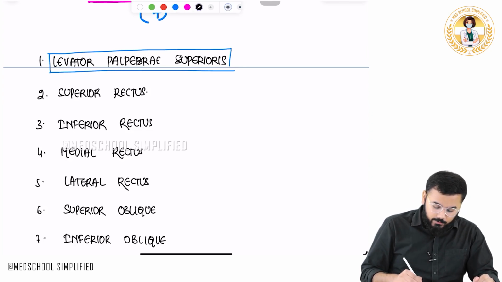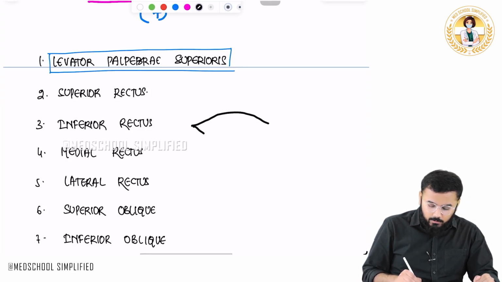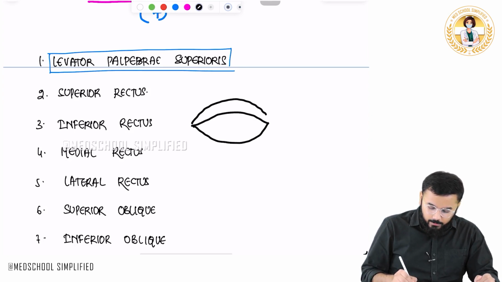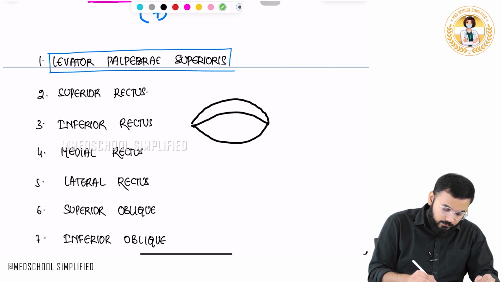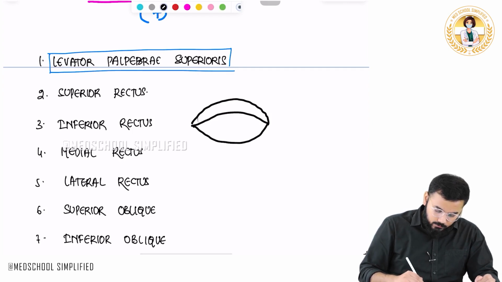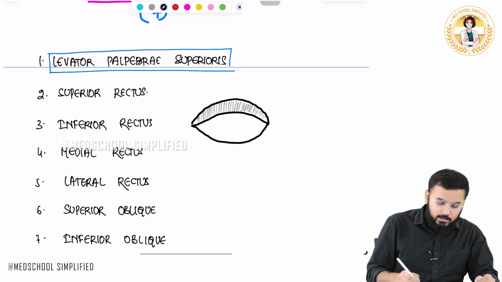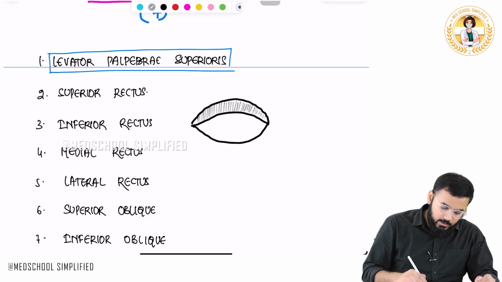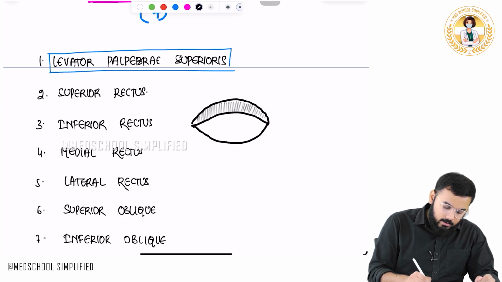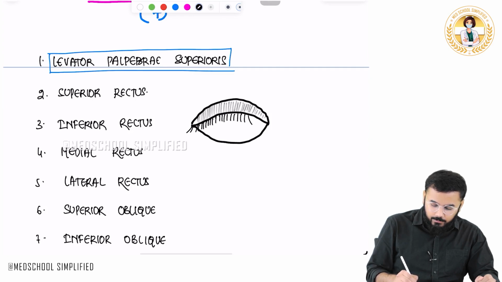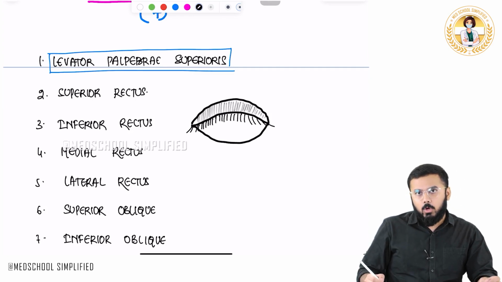For example, let us say this is your eyeball, and this part over here will be called your palpebra, or your eyelid.